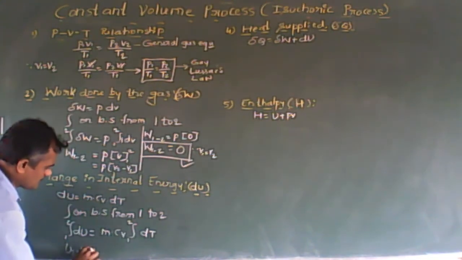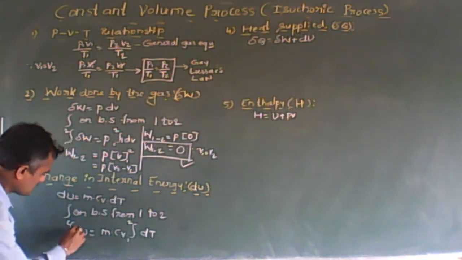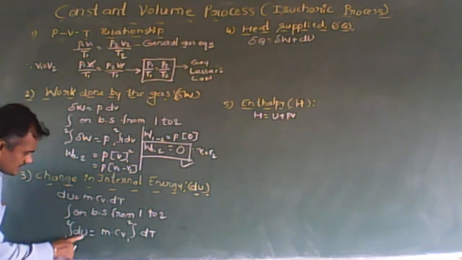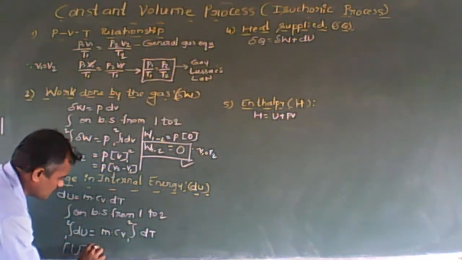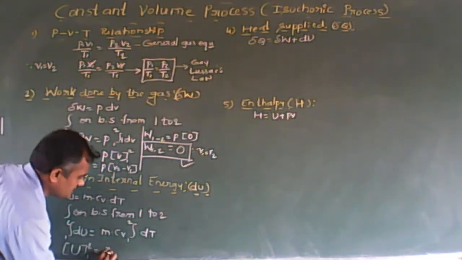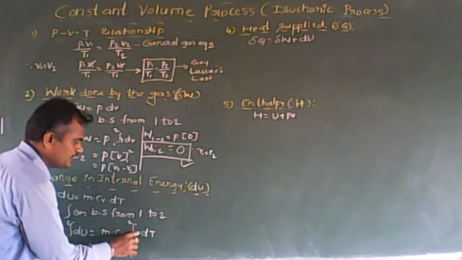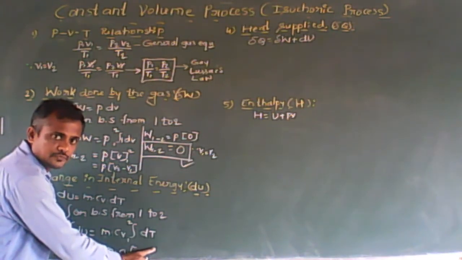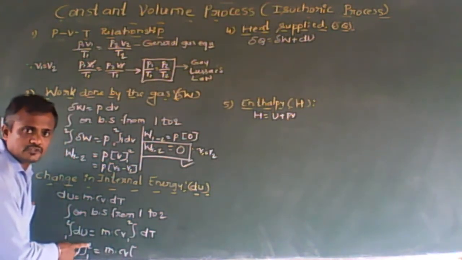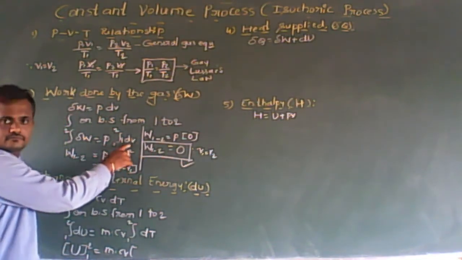So we get U2 minus U1. If a constant is integrated with respect to dU, it becomes U, from 1 to 2, which equals m and Cv, which are constant here. Here we are integrating with respect to dT, there with respect to dU, and earlier with respect to dV.